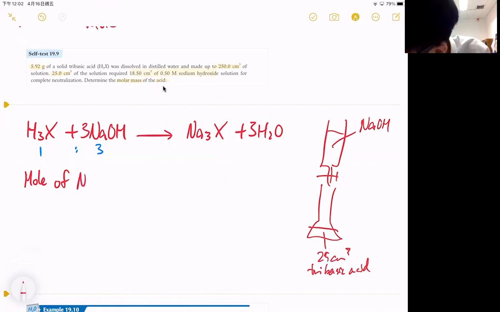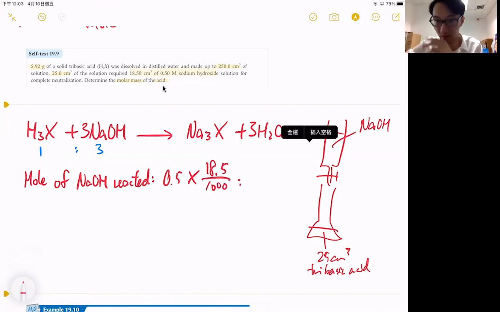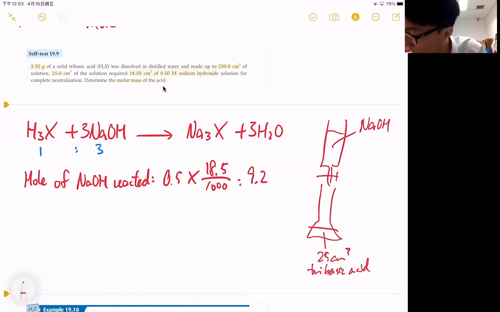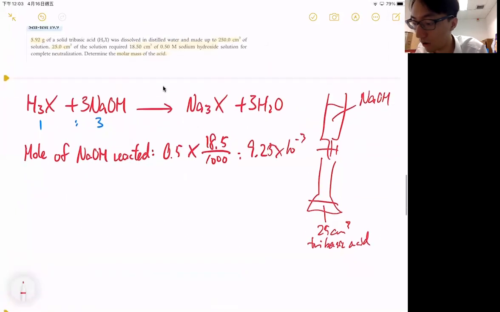So the moles of sodium hydroxide reacted will be 0.5 times 18.5 divided by 1000, because volume times molarity gives the number of moles. And you will get 9.25 times 10 to the power of negative 3. That is the number of moles of sodium hydroxide reacted.